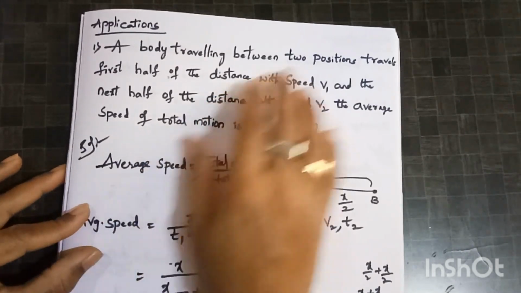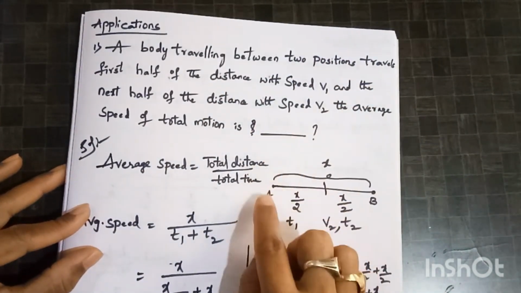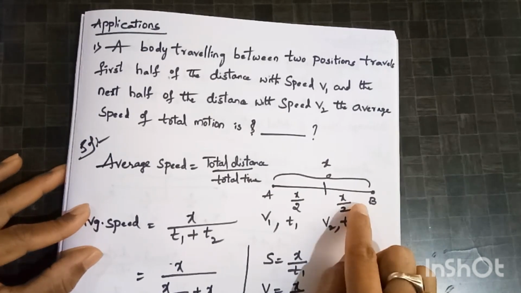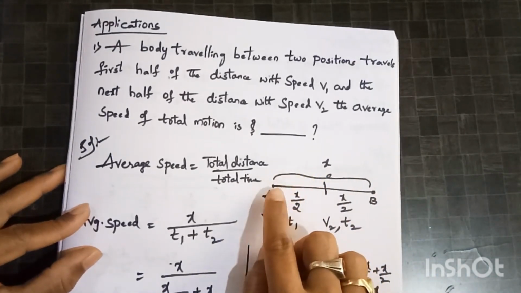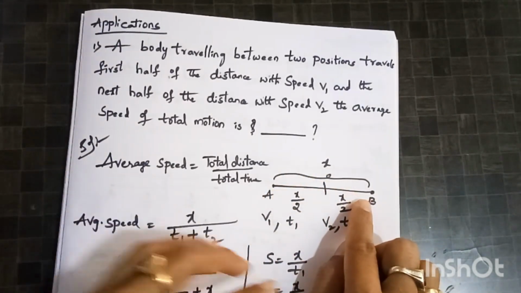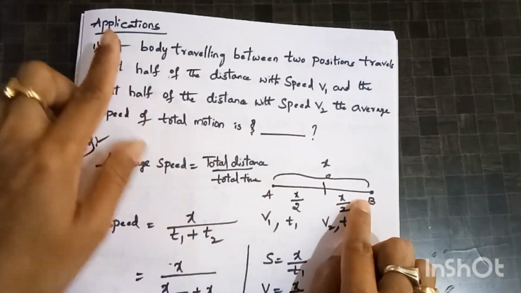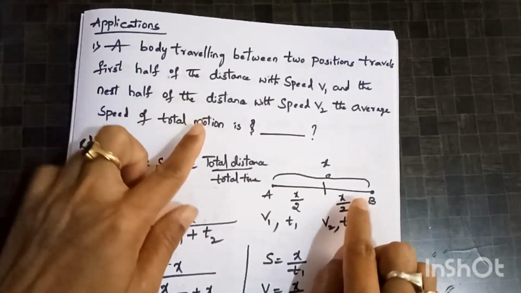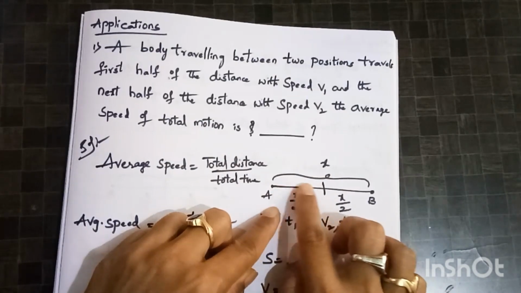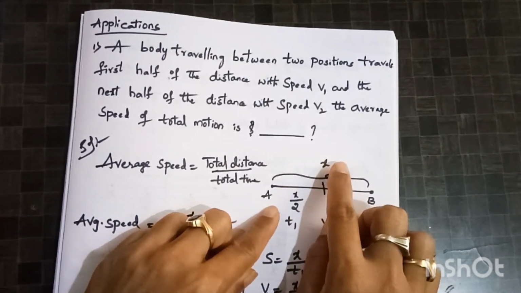So let us consider two positions, A and B. He said that the distance between the two positions is divided into two parts, the first half of the distance and the second half of the distance.